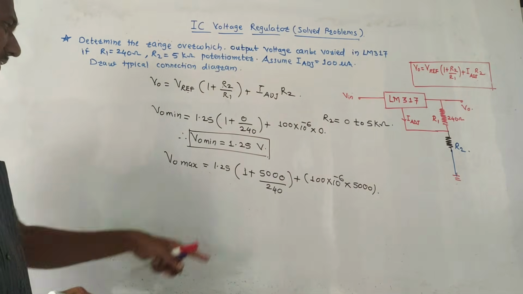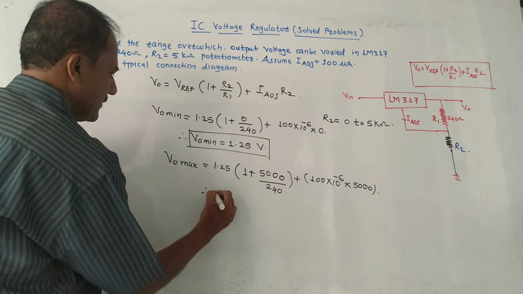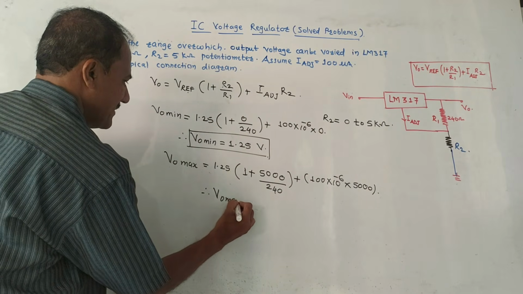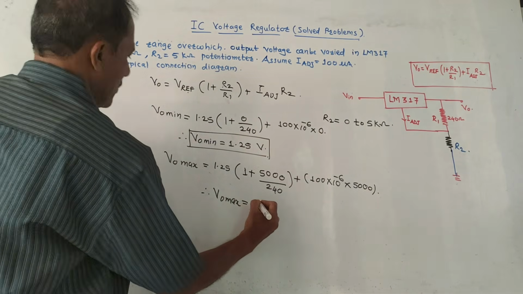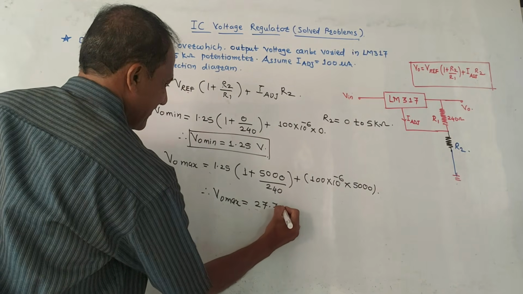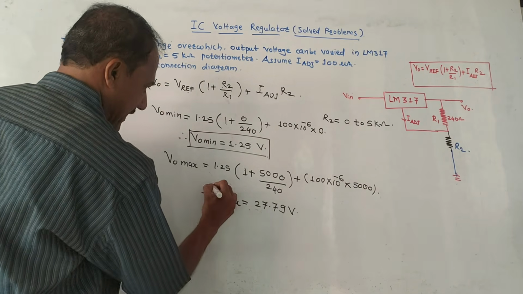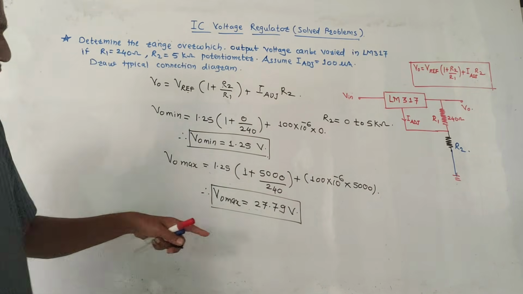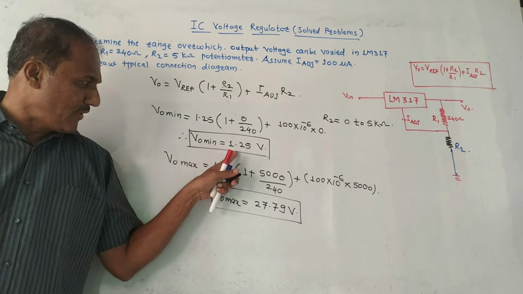Then solve this using a calculator. So the answer will be V0 maximum is equal to 27.79 volt. That means the range of output voltage will be from 1.25 volt to 27.79 volt.